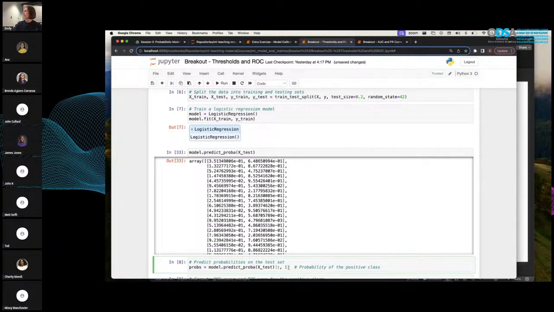So we're saying, give me all the rows. That's what this colon does. Give me everything, but give me the second column, which is the predicted probability of the positive class. So all these are the predicted probability of the positive class. So if I say the predicted probability for a positive class was 0.7, what is the predicted probability for a negative class? You should be able to say it's 0.3 because it always sums to 1.